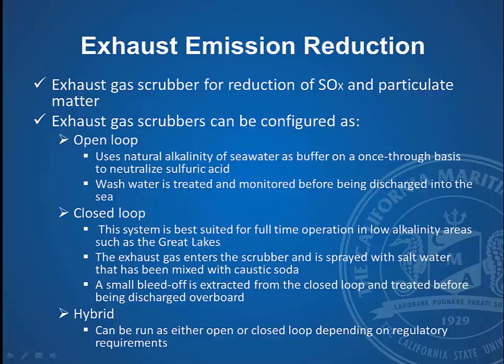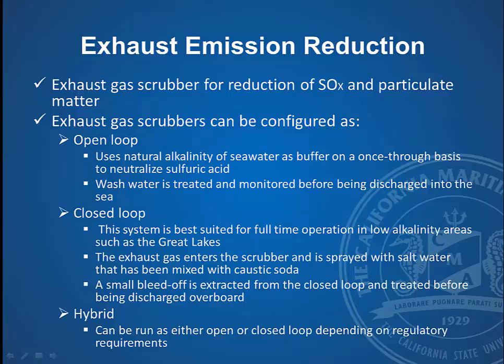So in the closed loop system, the exhaust gas enters the scrubber and is sprayed with salt water that has been mixed with caustic soda. Then a small bleed off is extracted from the closed loop and treated with an alkali agent again before being discharged overboard. It also is going to have the particulates removed.